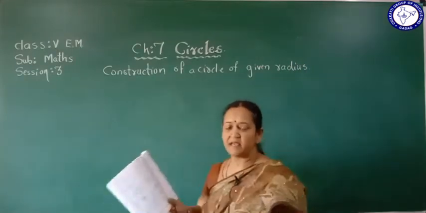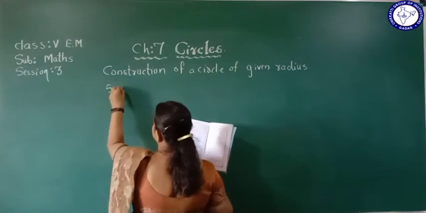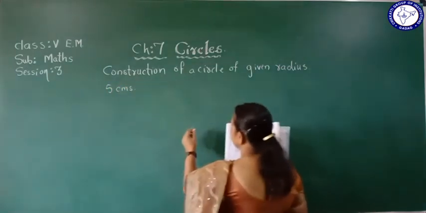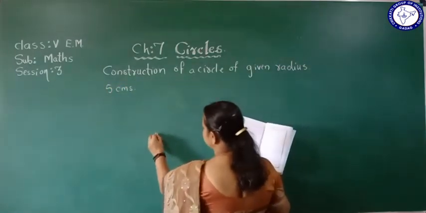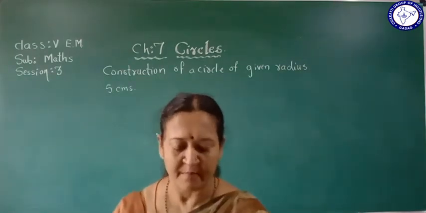Now suppose we want to construct a circle of 5 centimeters. Then first we should mark a point O, one center point we have to mark.